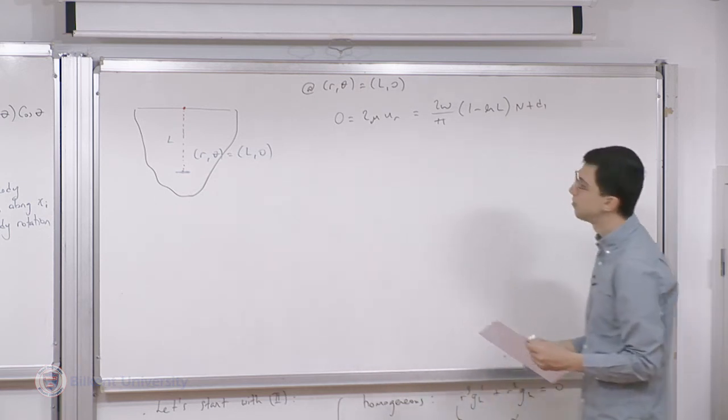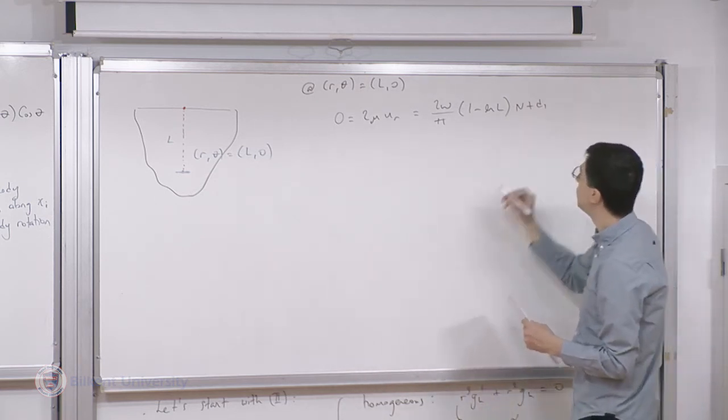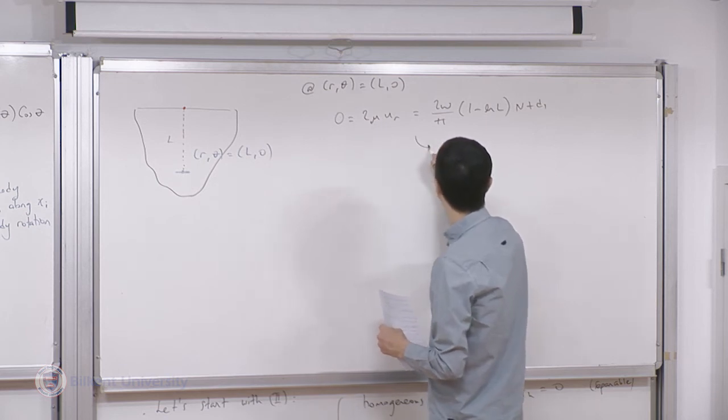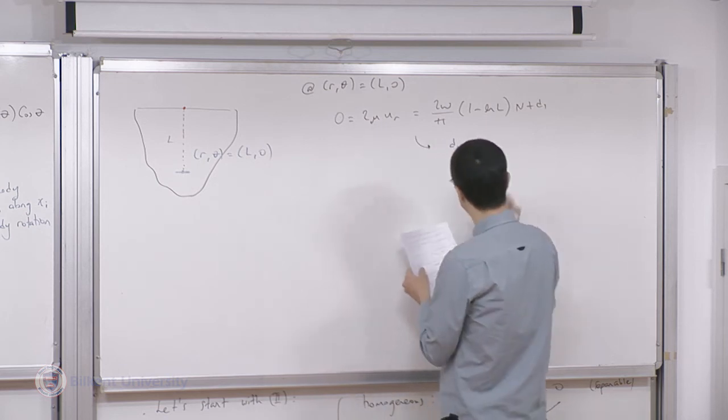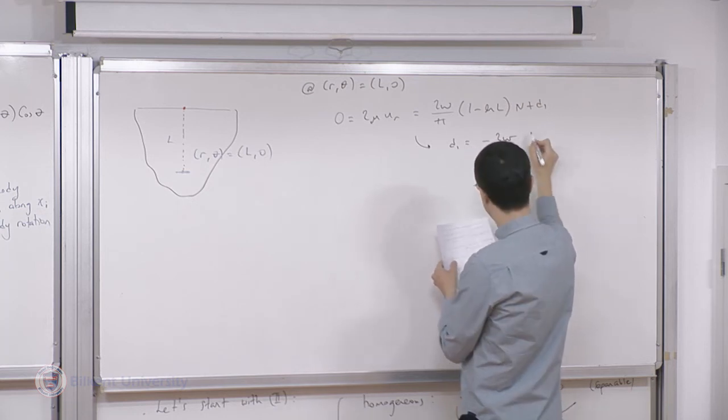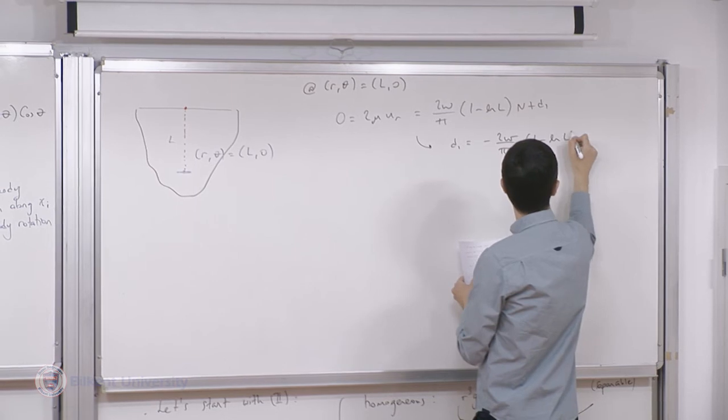Plus d1. Okay? And from this, you find out that d1 is equal to minus 2 omega over pi 1 minus ln L.